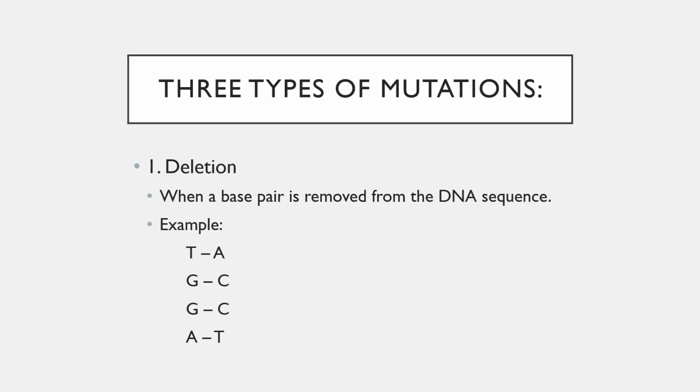So we would still have our T and our A, G and a C, and then it would be A, T. So we're basically canceling out an entire section or base pair of DNA. So deletion is when you're removing one of those.